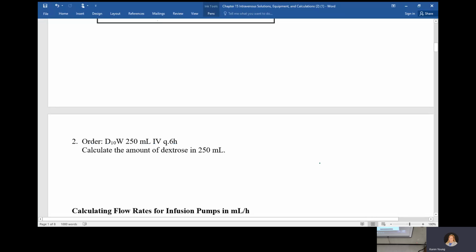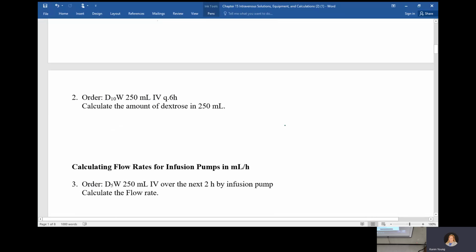Number 2 is how an order would be written for an IV. Dextrose 10 or D10W, which is 10% dextrose in water. 250 milliliters, that's the size of your bag, and it's an IV bag, and you want it to run for every 6 hours. What we're wanting to know in this one is calculate the amount of dextrose at 250 milliliters. Well, the 10 is just like the 5.